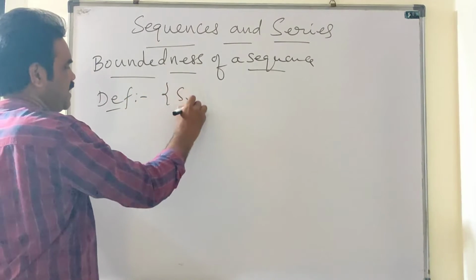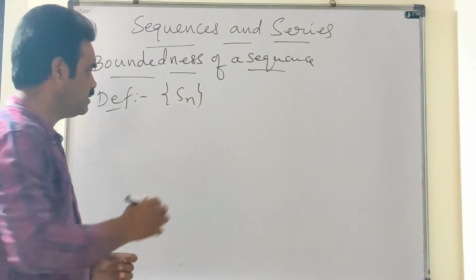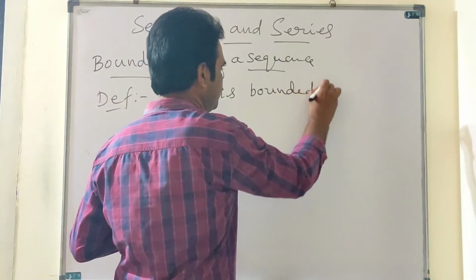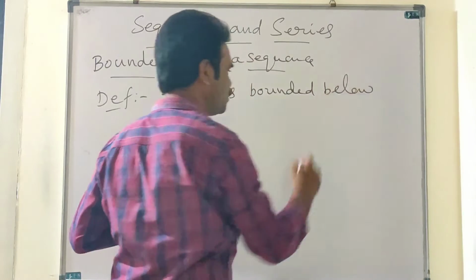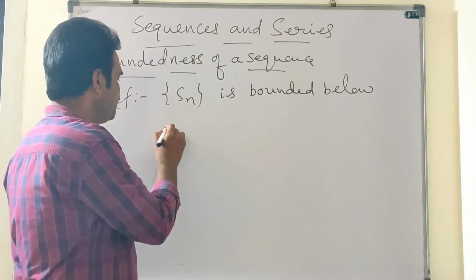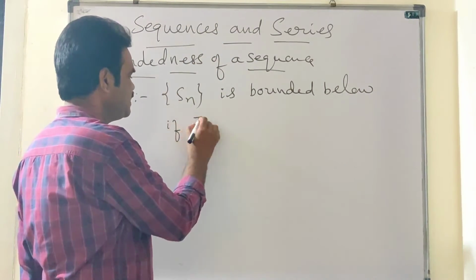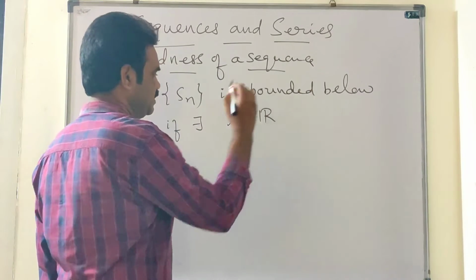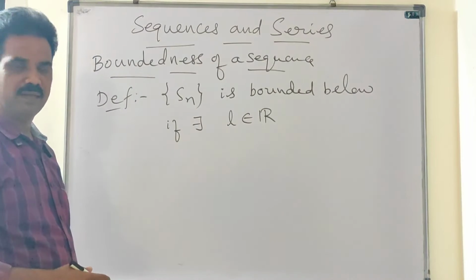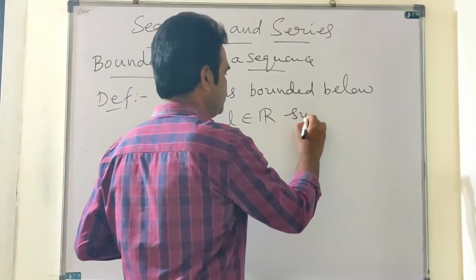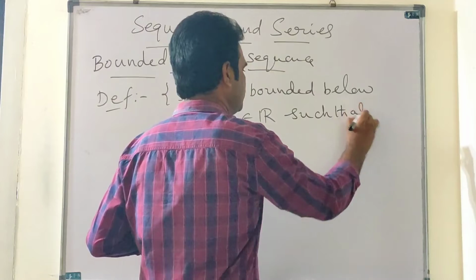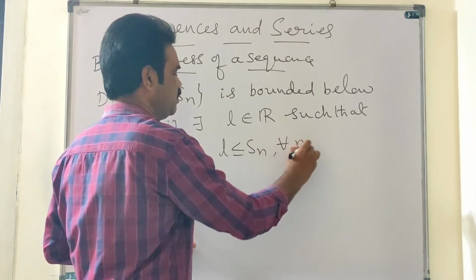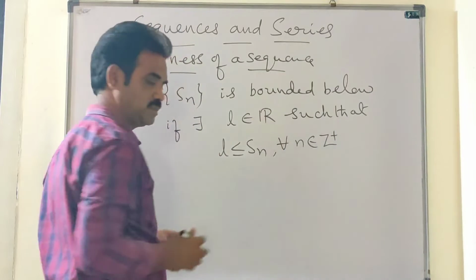A sequence Sn is said to be bounded below if there exists a number L such that L less than or equal to Sn for all n belongs to Z plus.